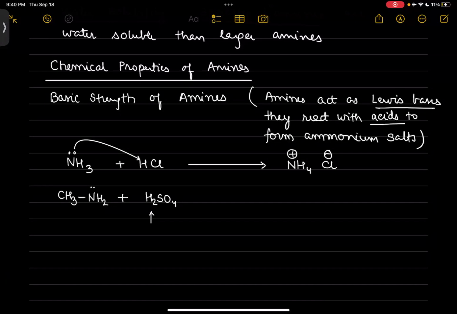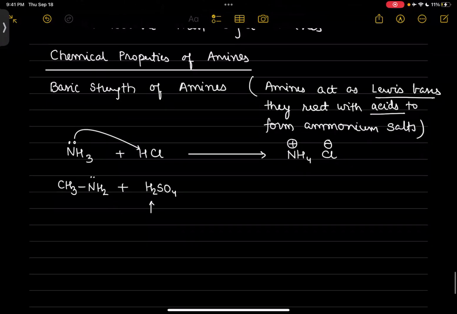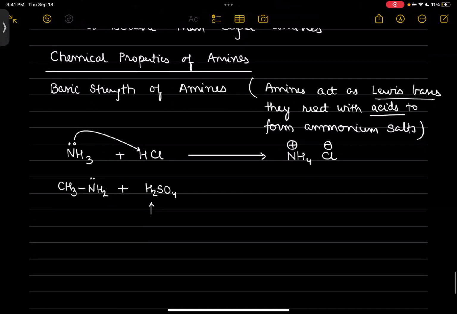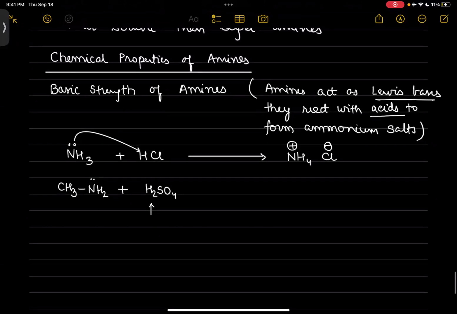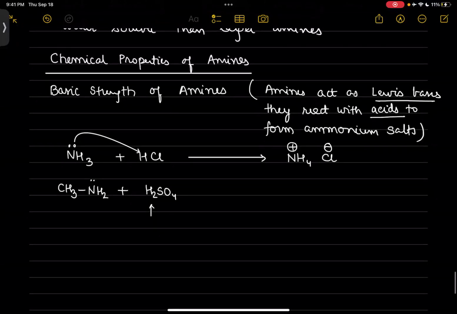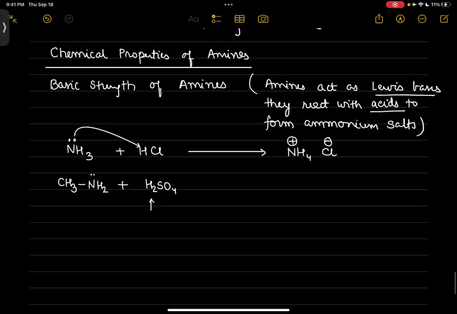Okay. And if you get 2H plus, how many amines do we need? Any idea? How many moles of amines can react with 1 mole of H2SO4?